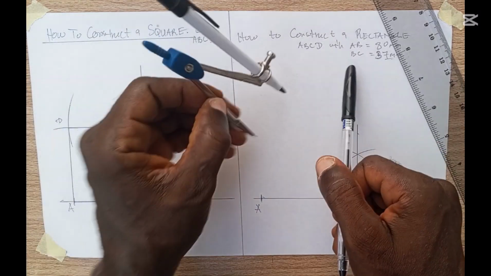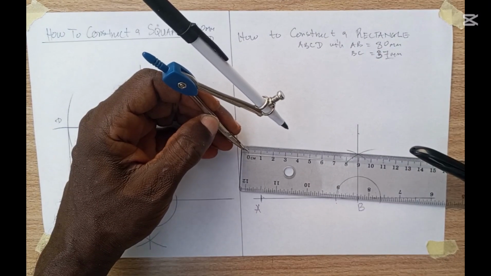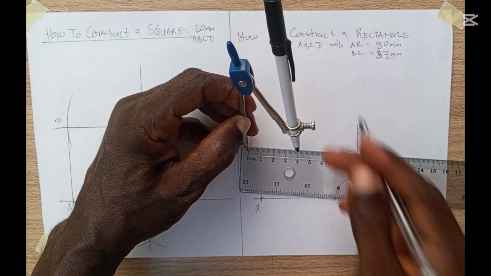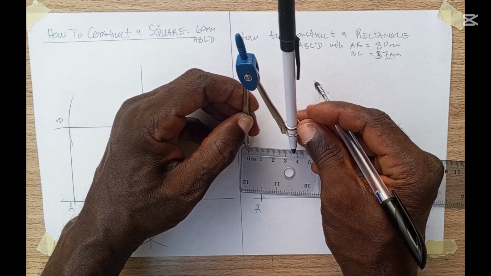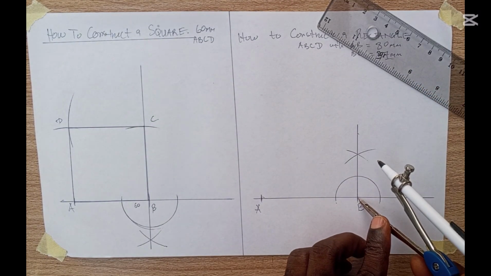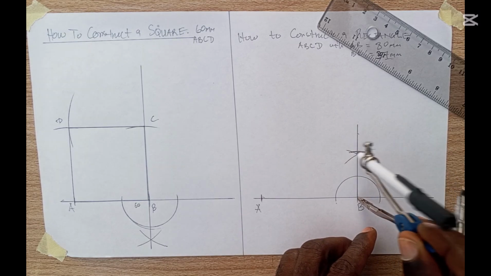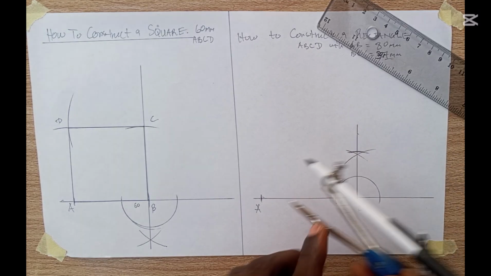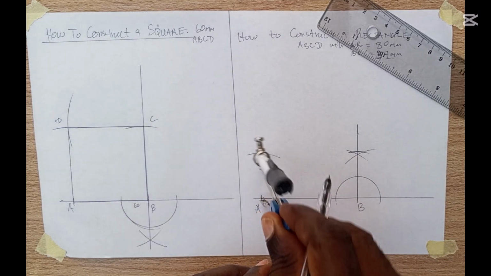So I now come back here. BC, C should be somewhere here. 37, that's 3.7. BC 37, this is 35, 36, 37. Good. There, that's my 37. So I put it at B and cut here. Can you see there? Now I immediately take it to A and cut another arc up here.